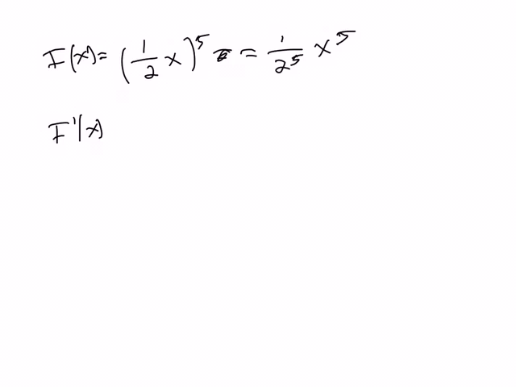We can't just take the derivative without first taking out the constant over here. So f prime is going to be 1 over 2 to the 5th power times 5x to the 5 minus 1, which is 4. And 2 to the 5th power, so 2 to the 3rd is 8, so to the 4th is 16, so to the 5th is 32, so this is equal to 5 over 32 times x to the fourth.